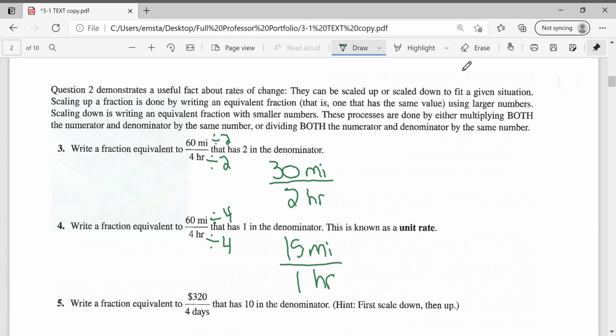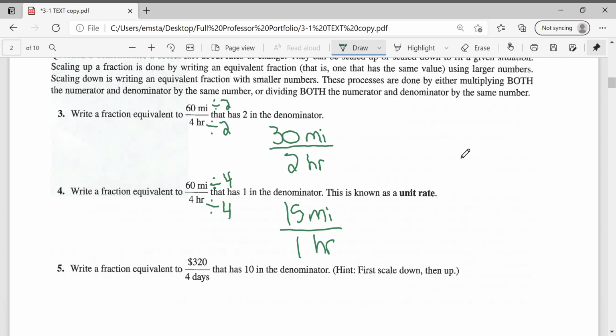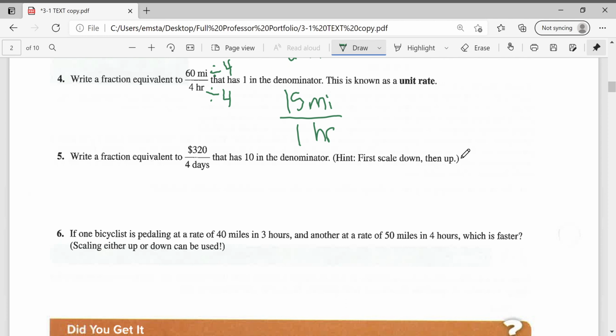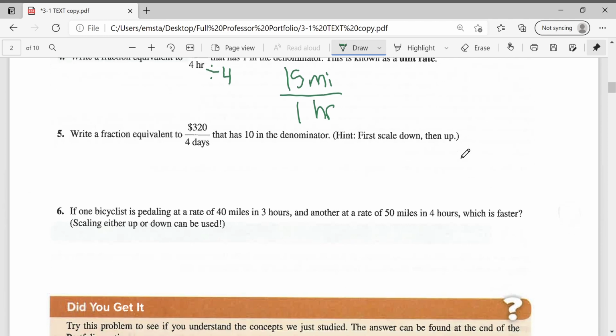5 presents an interesting problem. 5 wants us to take $320 in 4 days and change it so that it has a 10 in the denominator. Thankfully, they give us a hint. They ask us to scale down and then up first. So let's scale down all the way to the unit rate.